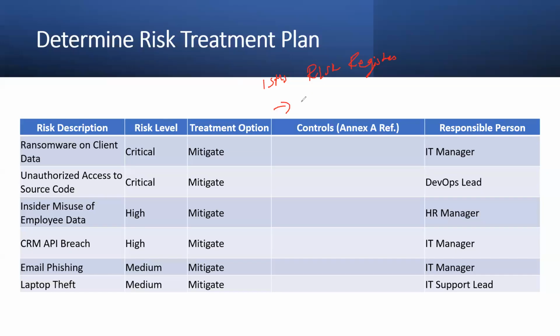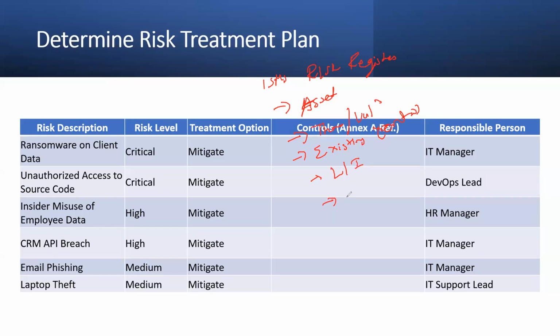Okay, so first of all, the asset name. Second, what is the threat or vulnerability for that asset? What is the existing control? Next, you can keep likelihood and impact.